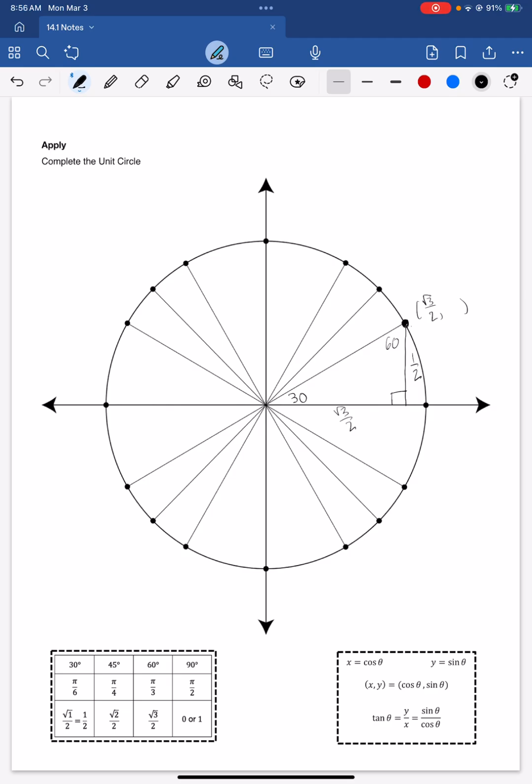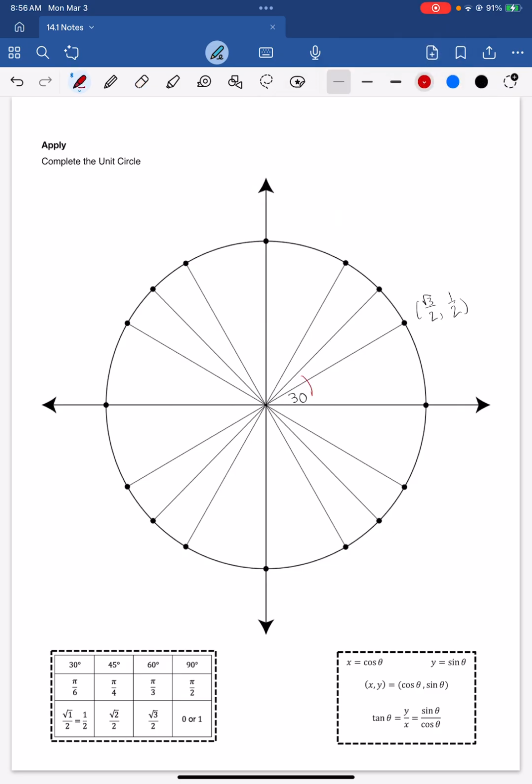And our y value to go up to this point was 1/2. So that is how we get our point, root 3 over 2, comma, 1/2, right? So if we erase this to make space for our next point, let's do it in red, right?